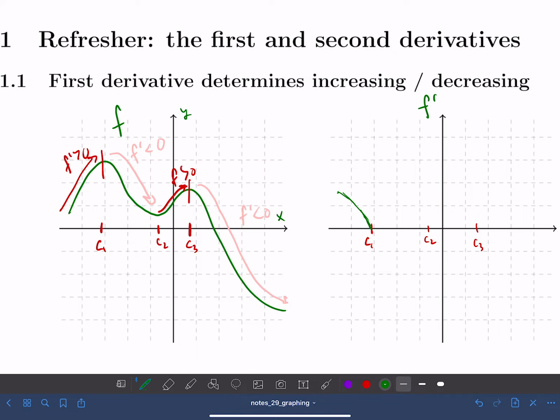And then in the next interval from C1 to C2, f is decreasing, and its slope starts out at about 0, gets steeper, and then goes back to 0, but f prime is negative that whole time. And so that looks like something about like that, right? F prime negative and f prime positive. I think I want that in peach.